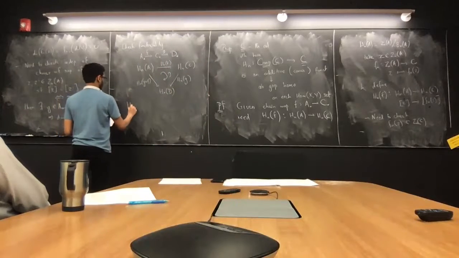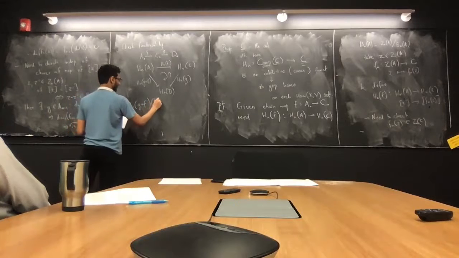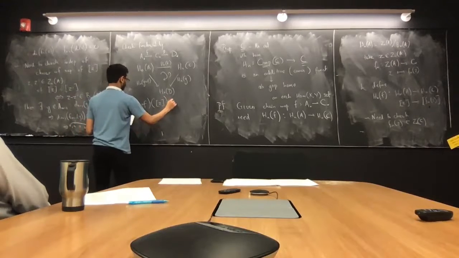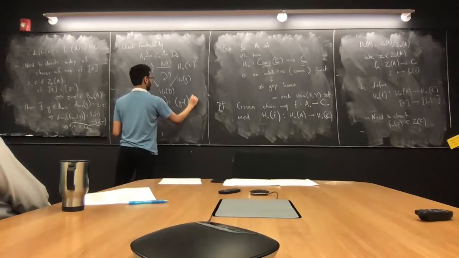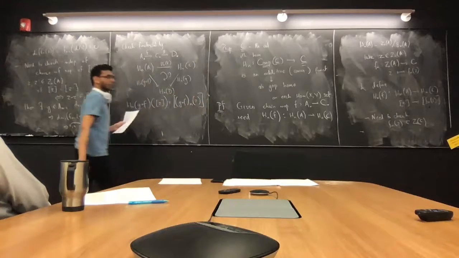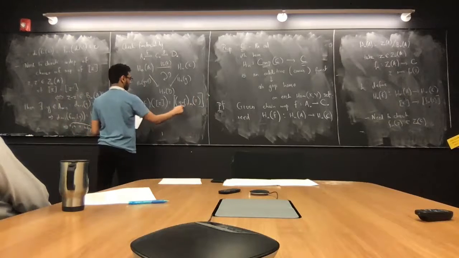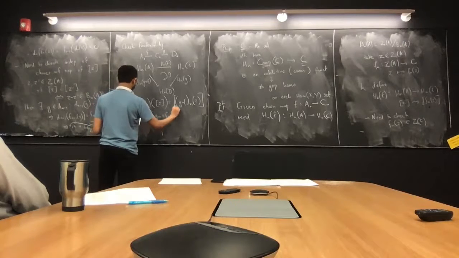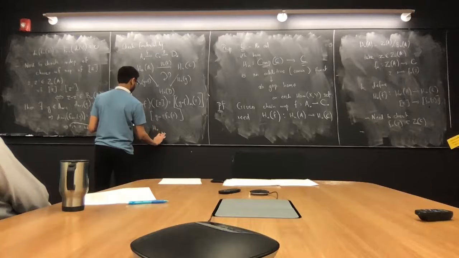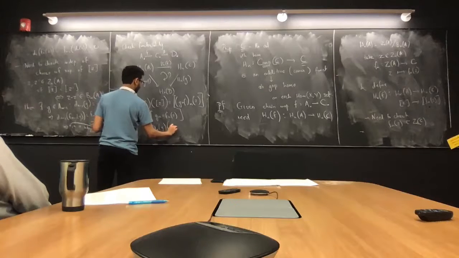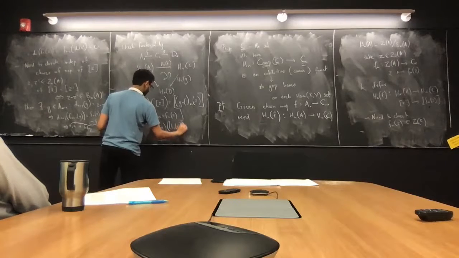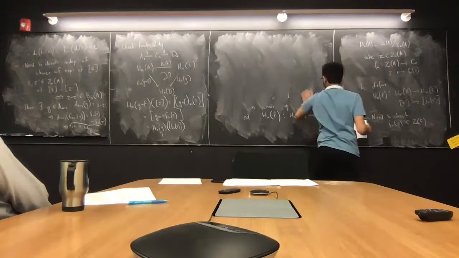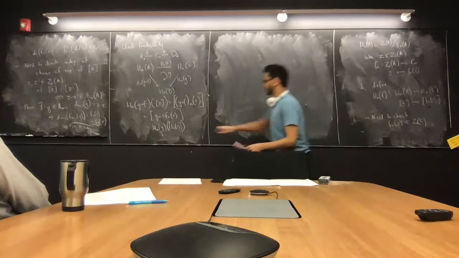So to do this, we take Hn of G off of the equivalence class of Z. This, by definition of Hn, is equal to the equivalence class of G composed with Fn of Z. Splitting this up, this is equal to the equivalence class of Gn composed with Fn of Z, which is equal to Hn of G acting on the equivalence class of Fn of Z. Then do the same thing over here again.